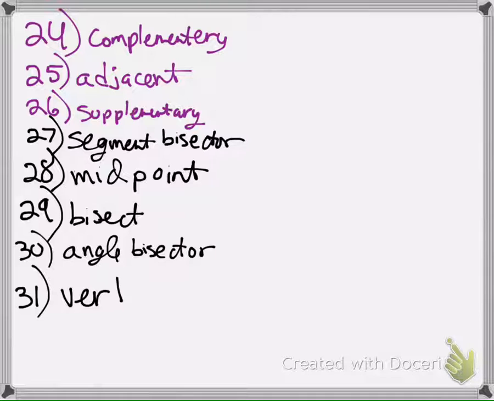Vertical angles, good. Now, does it say angles after the line? Yeah, so you can just write vertical. All right, 32. A blank is a two-part statement with an if and a then. The if is the hypothesis, the then is the conclusion. Yeah, it's an if-then statement.